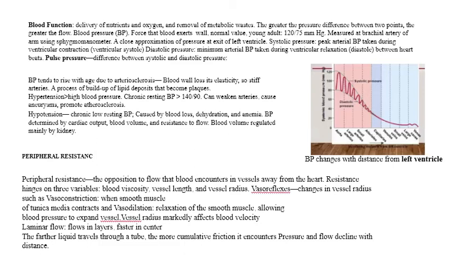The systolic pressure is a close approximation of the pressure at the exit of the left ventricle, the peak arterial blood pressure taken during ventricular contraction. The diastolic pressure is the minimal arterial blood pressure when the heart is at rest.